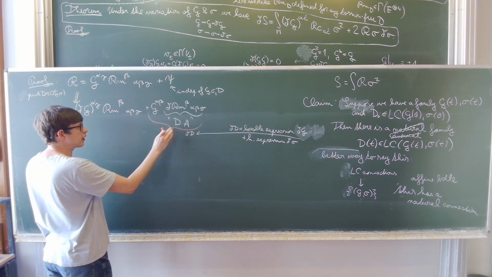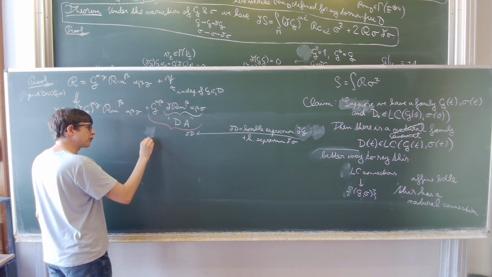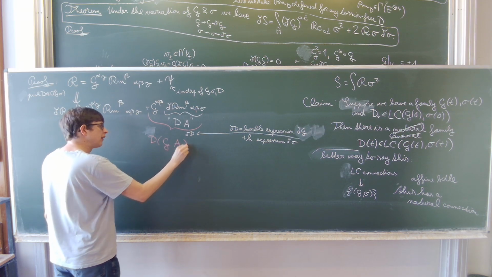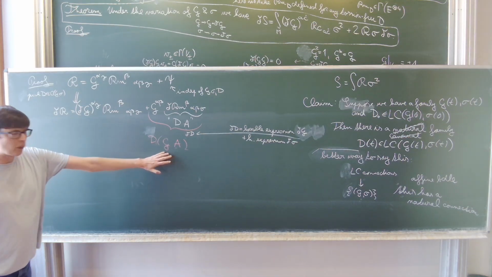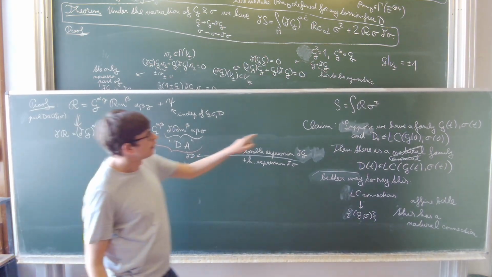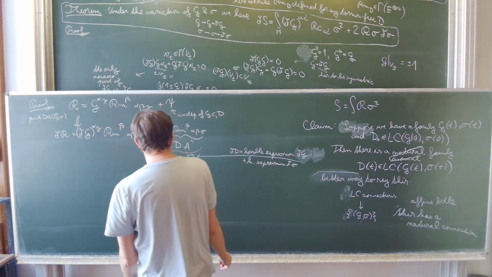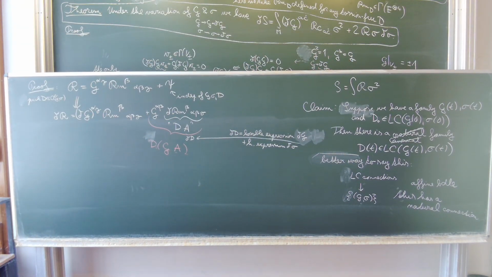First of all, there is a G here, but we know that D preserves G. So keeping the question marks there, we will get some D, then some G and A, and there will be some indices, whatever they are, it doesn't matter. It will vanish under the integral, as you will see.